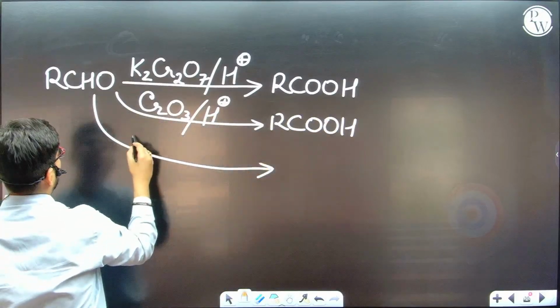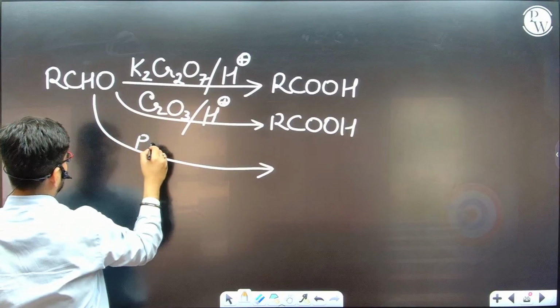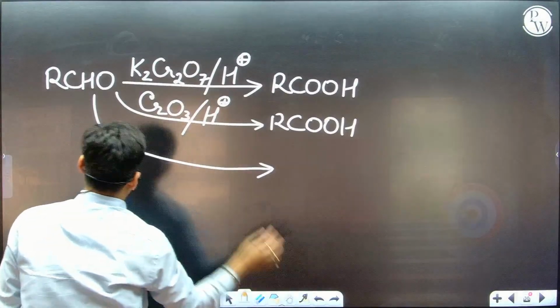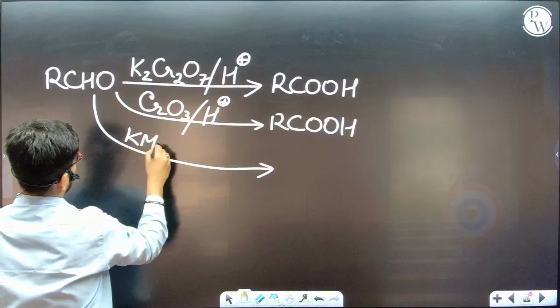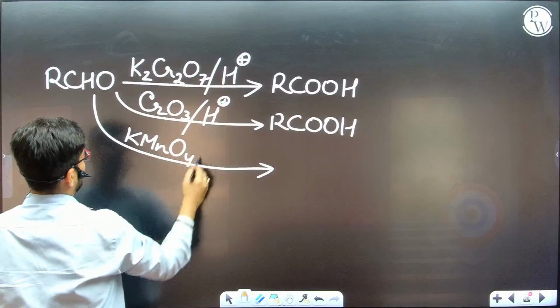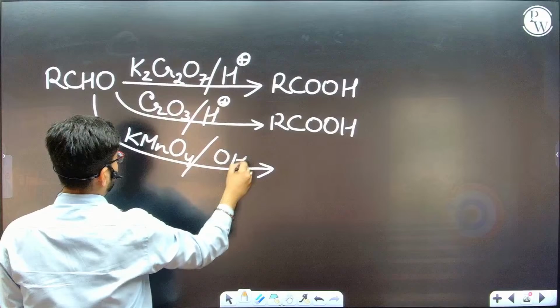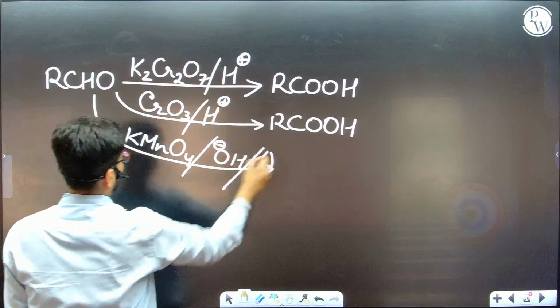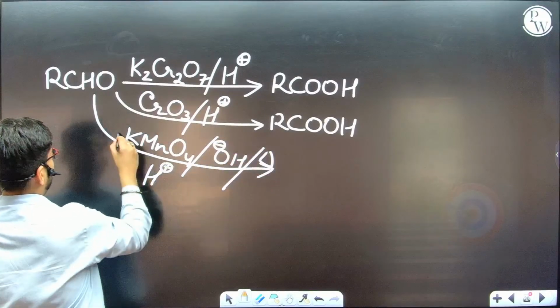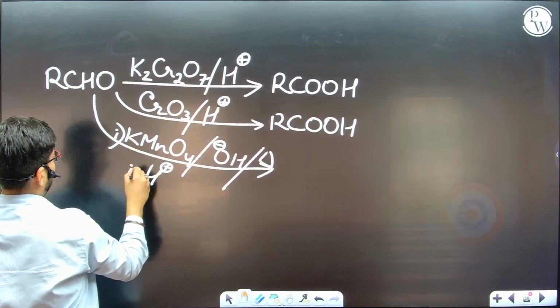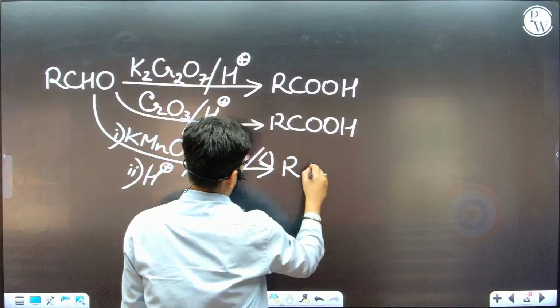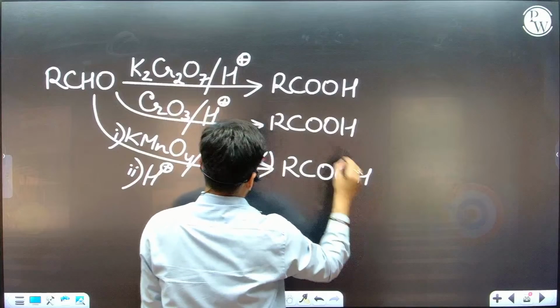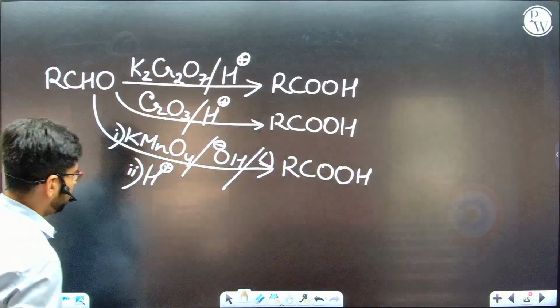And if I use KMnO4 in the presence of base at high temperature followed by acidification, then also I will obtain RCOOH, right? Very, very important.